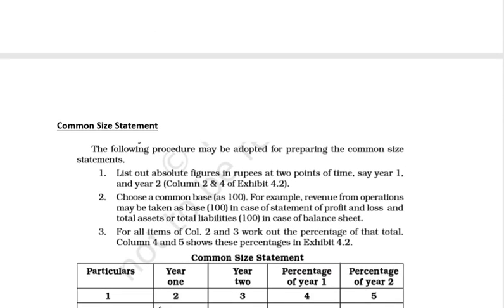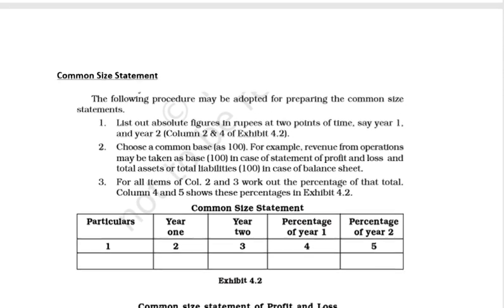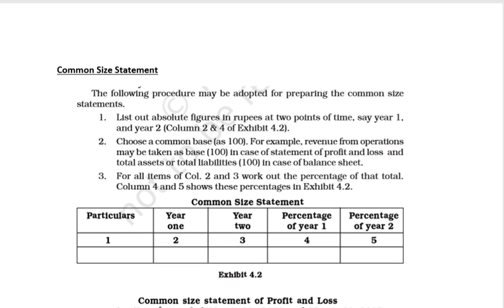Then next one, it is a common size statement. What's the difference? Not much difference between comparative statement and common size statement. But in the common size statement, as it is, we are writing this is the previous year, this is the current year. Instead of absolute changes, we are calculating percentage of the first year.